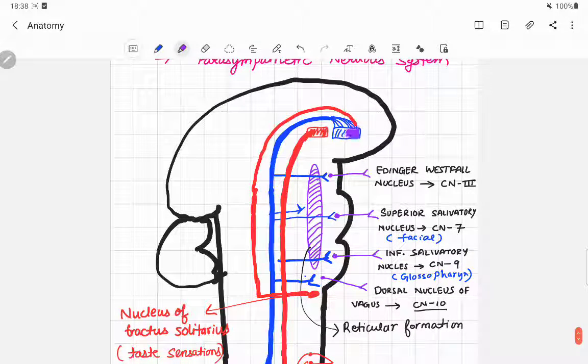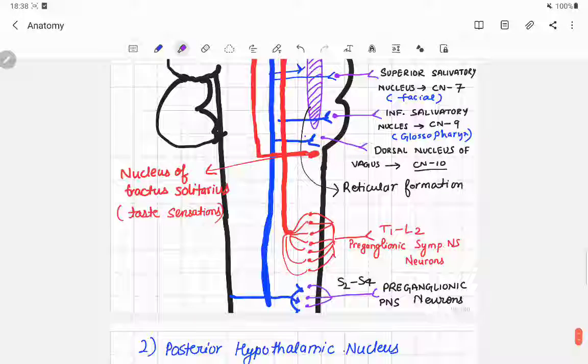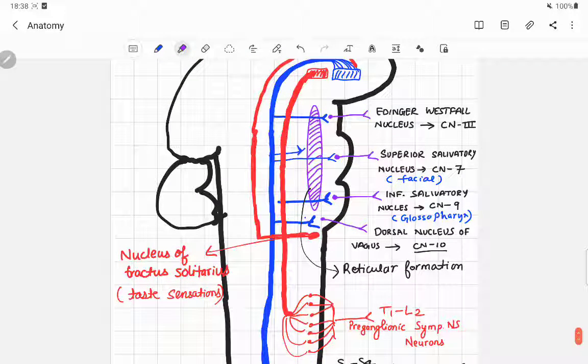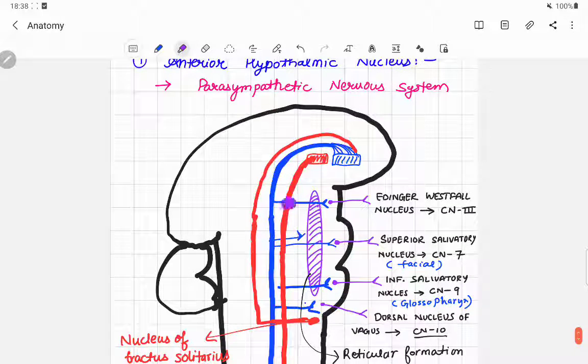So this is the anterior hypothalamic nucleus. From the anterior hypothalamic nucleus, a direct tract passes to the sacral parts and to the superior parts of the cranial nerves. All right. So first of all, let us see how it helps in stimulating the parasympathetic nervous system.